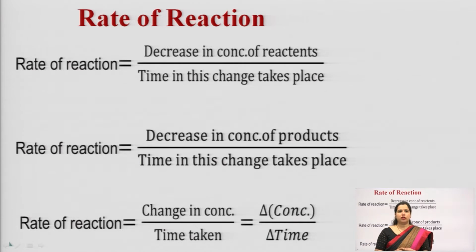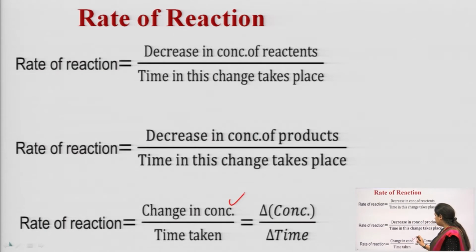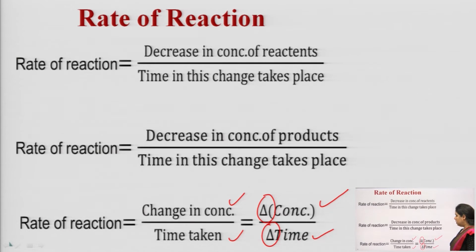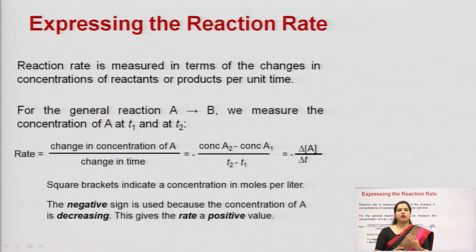So, finally, in this formula we can see the rate of reaction is the change in concentration of substrates into product over the time taken. It can be presented as delta concentration by delta time. So, this represents the change in concentration with respect to change in time, right. This is how we express the rate of reaction.